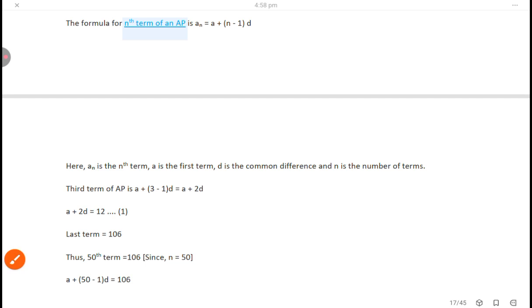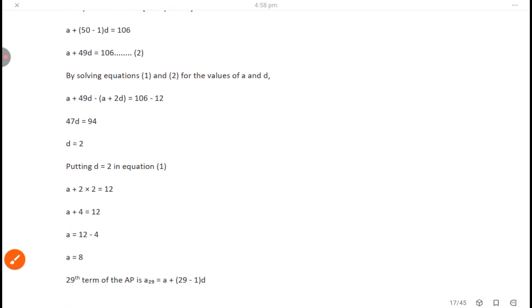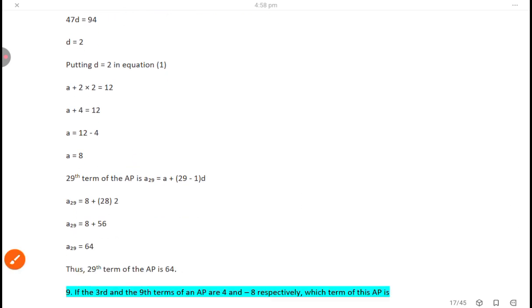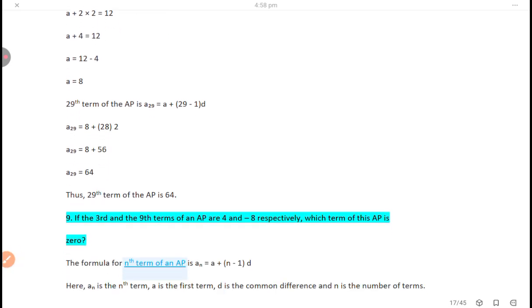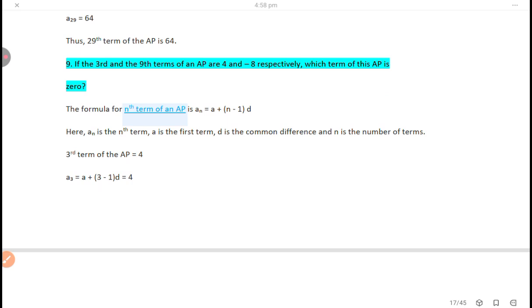So you got the two equations, equation 1 and equation 2. By solving equation 1 and 2, you will get d equal to 2. Putting the value of d in equation 1, you will get the a. So 29th term of the AP is 64. Similarly, you can find the ninth question also.